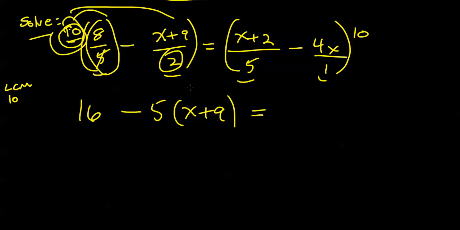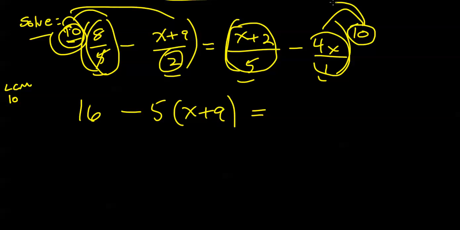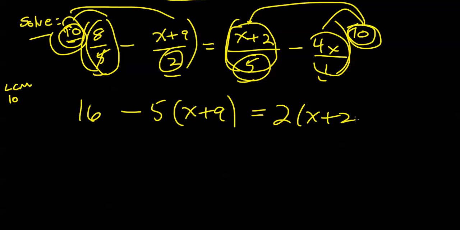On the right, again, distributive law. Let me multiply 10 by (x plus 2) over 5 first. 5 goes into 10 twice, and 2 times (x plus 2) I'll worry about in a minute.